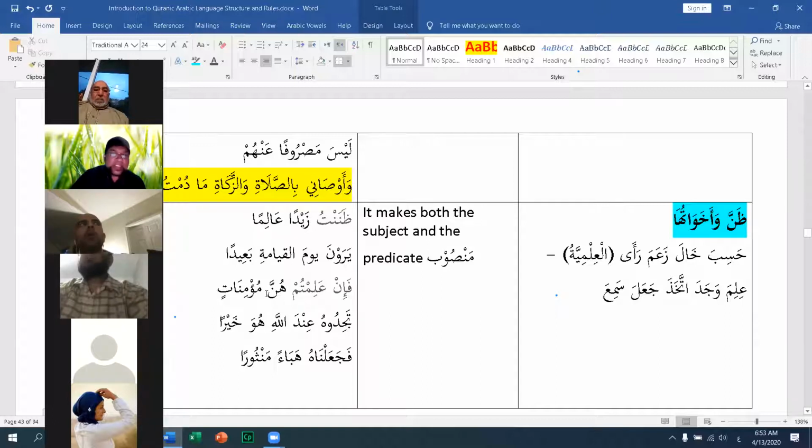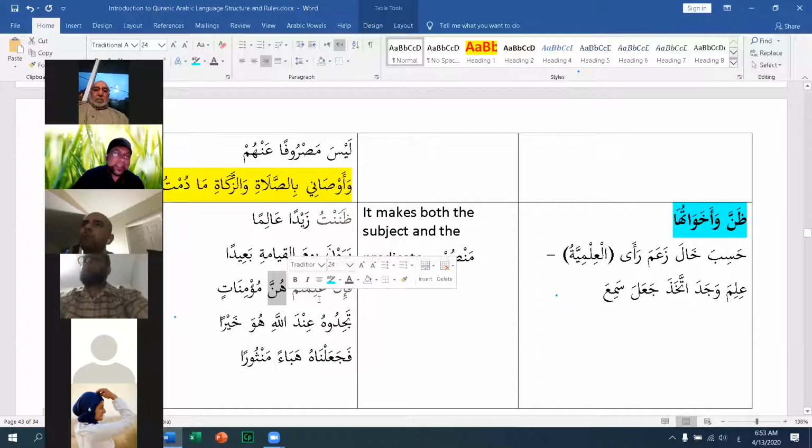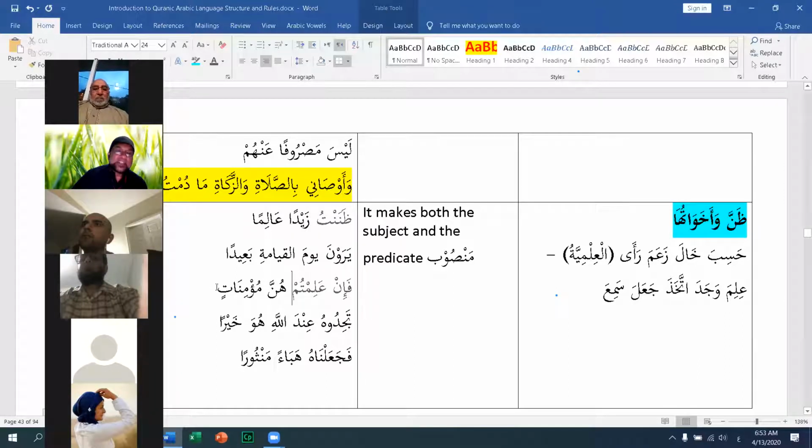So the way we will say this is هن is اسم علمتم في محل النصب مبني على الفتحة. You see what we did there, Abbas? We don't say it's في محل الرفع anymore. It's في محل النصب. Why? Because علمتم is placed in front of it. And مؤمنات is mansub.